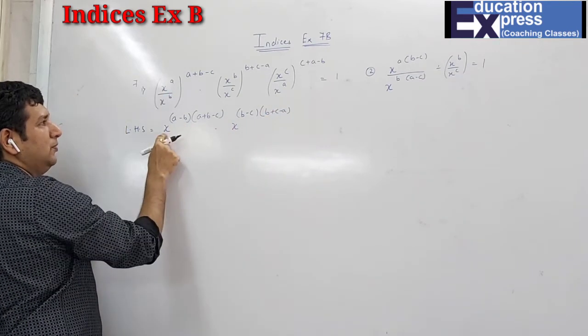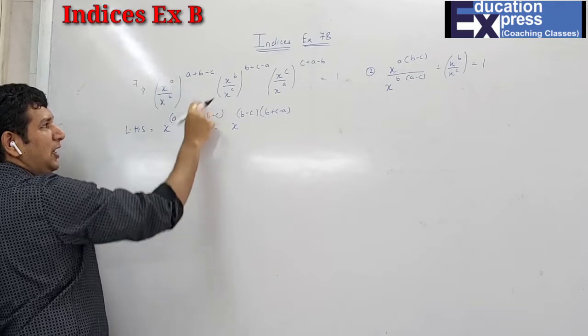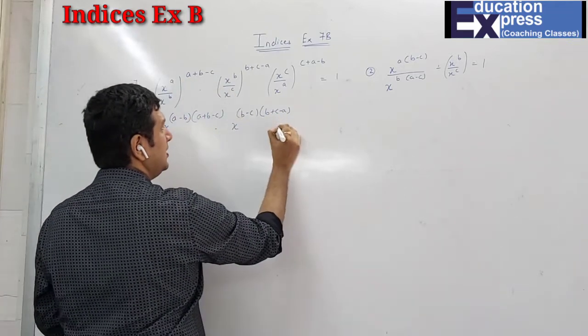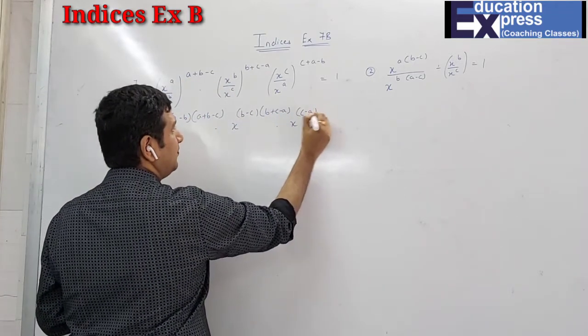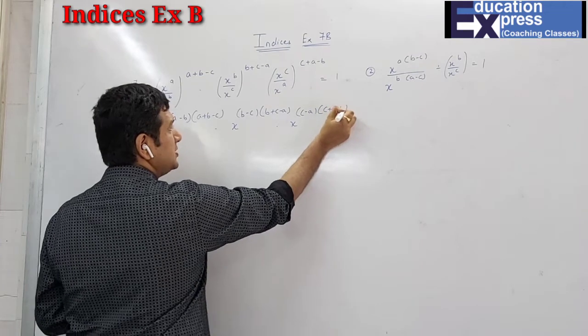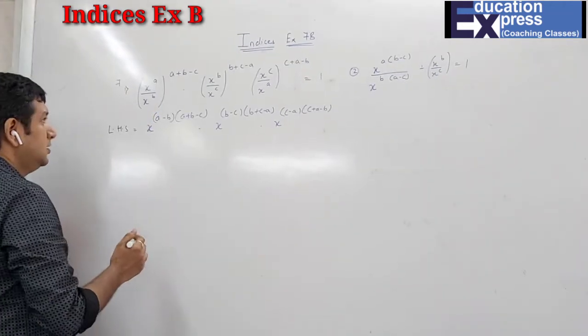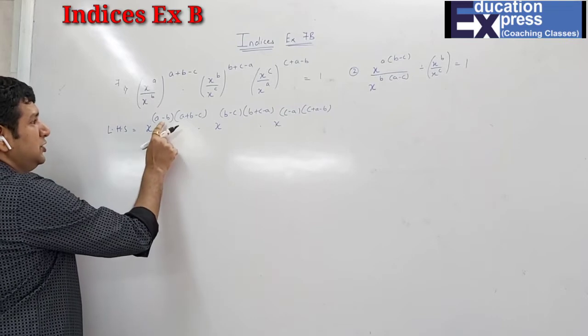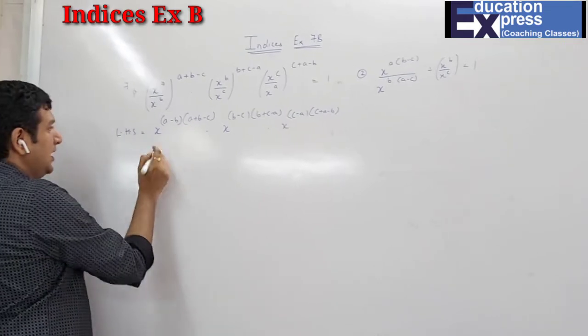Then division form. So I have taken A minus B. Here A plus B minus C, B minus C, B plus C minus A, and here C minus A into C plus A minus B. This is the LHS. So now students, you just have to multiply the brackets and get the answer.